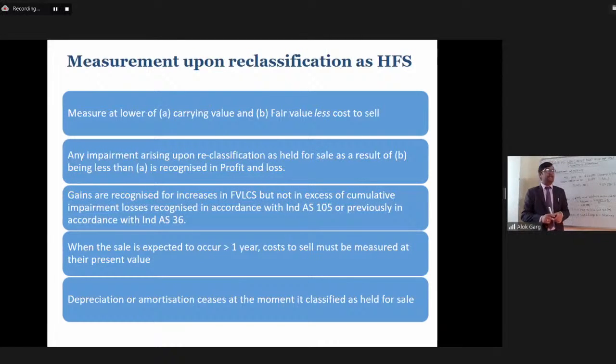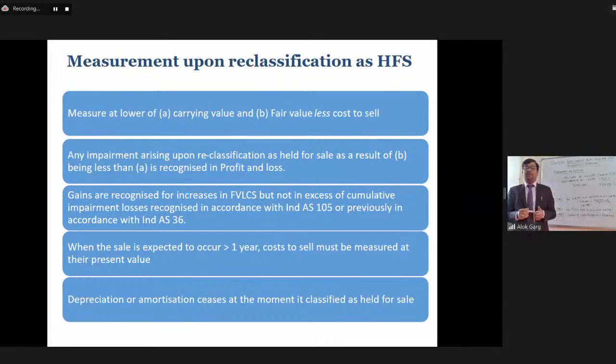For example, in this case, how much loss has been recognized? 62,500. So even though the fair value less cost to sell became 5 lakh subsequently, it will still not be recognized at more than 487,500. Okay. So same concept: whatever loss we have recognized, we need to restrict our subsequent gain, the increase in fair value less cost to sell, to that particular extent.